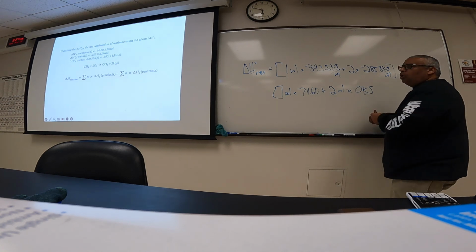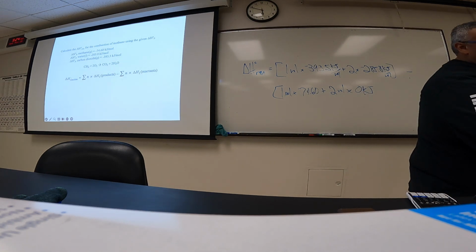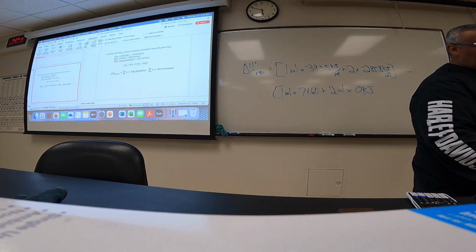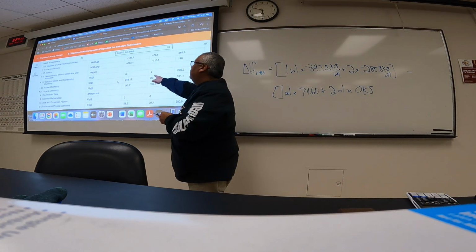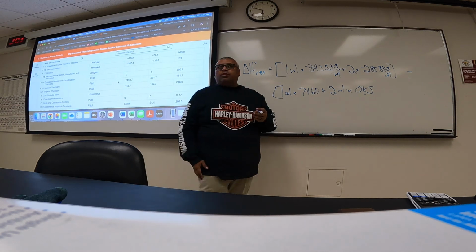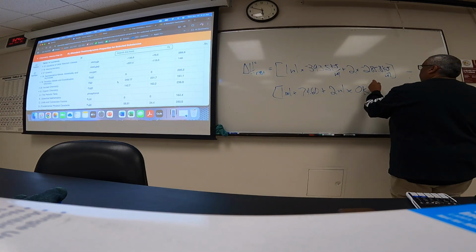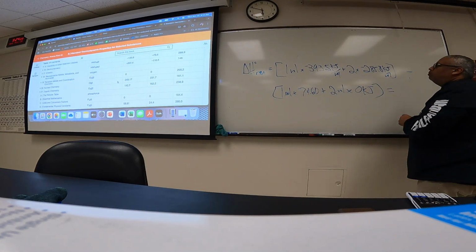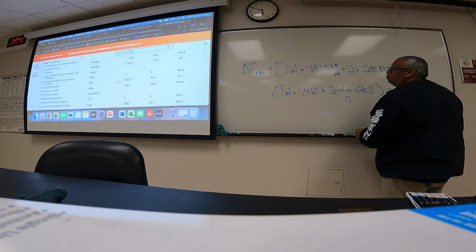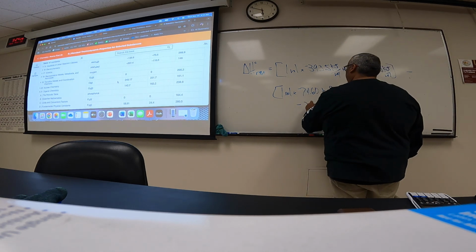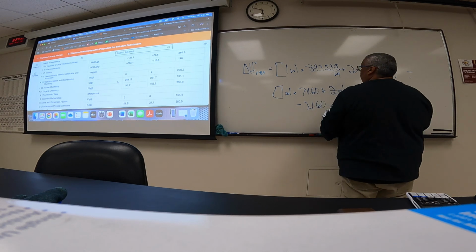For O2, let's verify, make sure I didn't forget to write that. If we look at oxygen, there it is, O2 gas, and we can clearly see that it's just 0. So I already know that this here is just going to be 0. This is going to be negative 74.60.